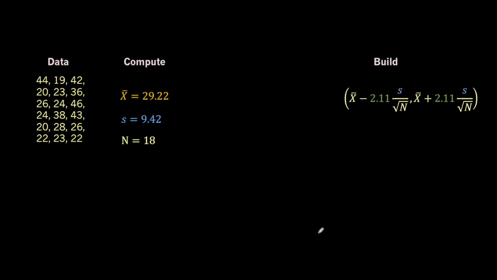Very well. So let's get these things together. We start with data. Okay, that's our sample. We compute the mean, the standard deviation, and we know n. So what do we need to do now? Well, we need to build the interval. How do we do it? We just do it as we did before, but instead of using 1.96, we use this new number, 2.11.